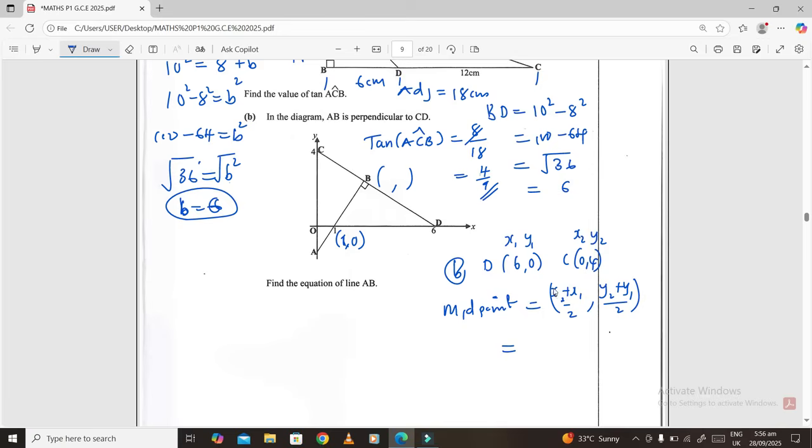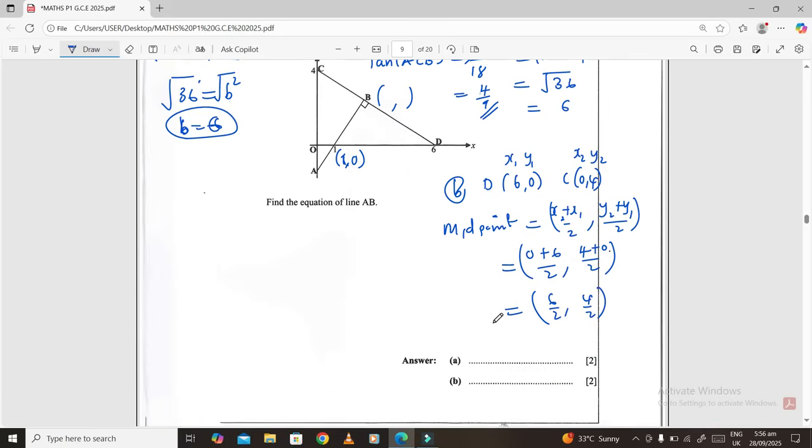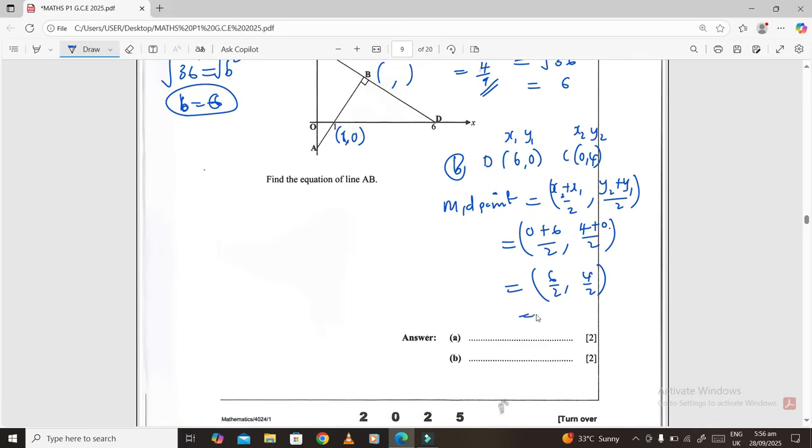So that is 0 plus 6 over 2, comma, 4 plus 0 over 2, and this is giving us 6 over 2, comma, 4 over 2, and our midpoint is coming out to be equal to 3, 2. That's our midpoint.